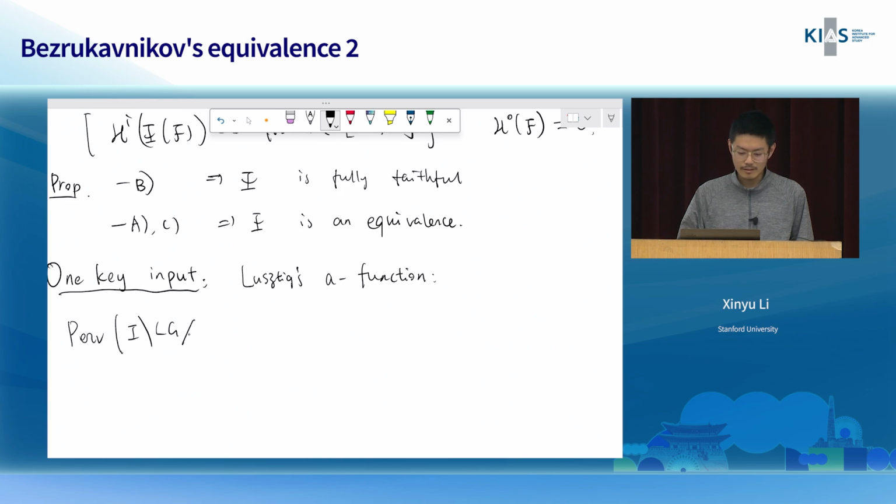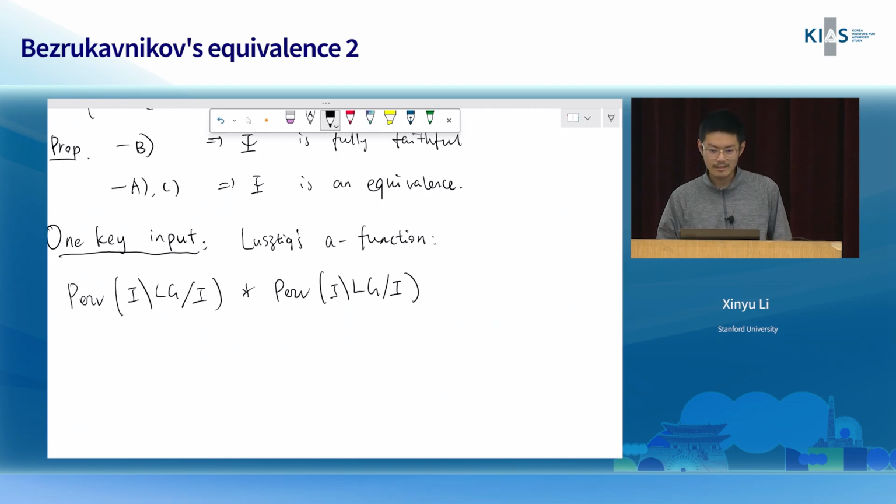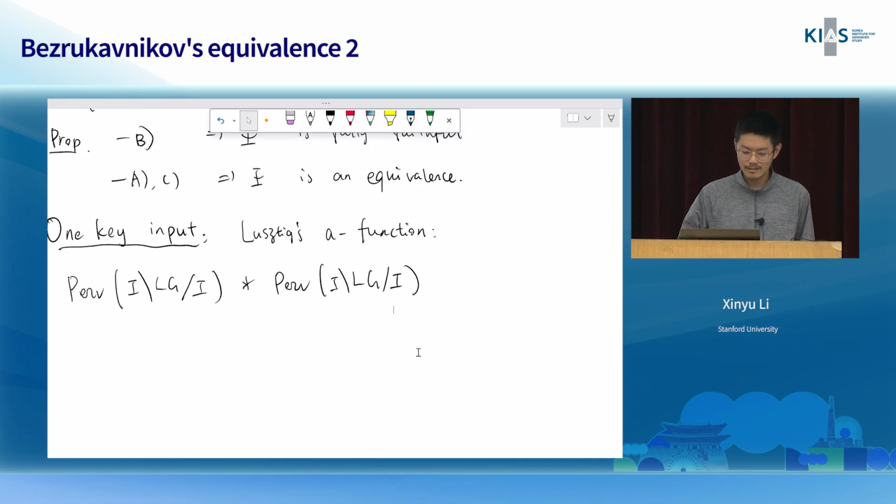And on the automorphic side, one key input is the following: when you convolve two objects, two perverse sheaves, at the spherical level the famous geometric Satake equivalence tells you that the convolution is again a perverse sheaf, but at the Iwahori level, it's no longer the case.